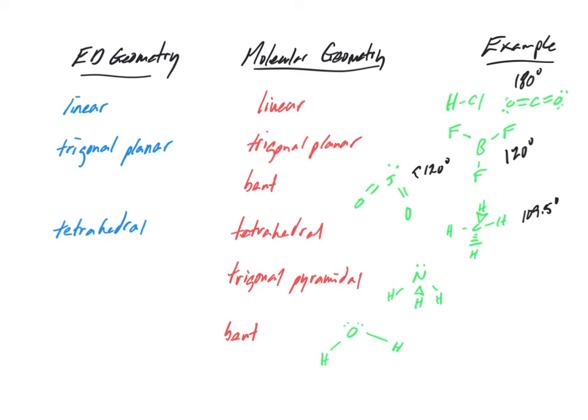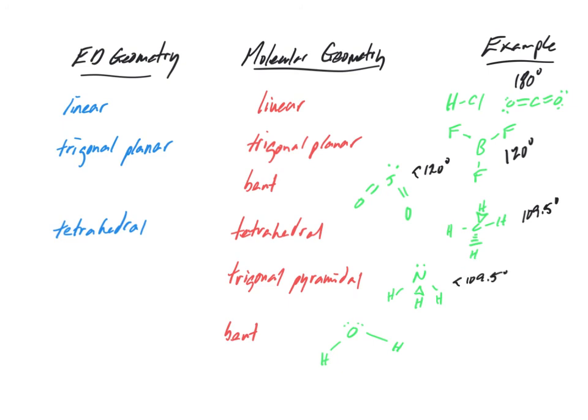Moving down to the trigonal pyramidal bond angles, with this lone pair above the nitrogen, even though there are 4 electron domains around the nitrogen, and we said that the tetrahedral was 109.5 degrees, what I'd like you to learn is that the bond angle here is just a little bit less than 109.5.